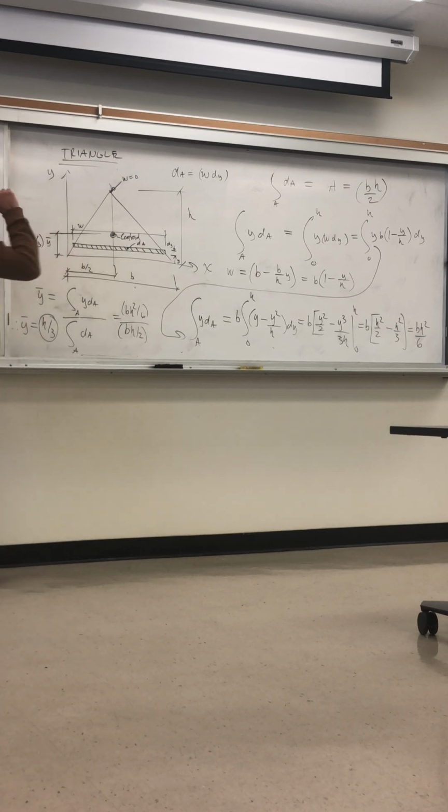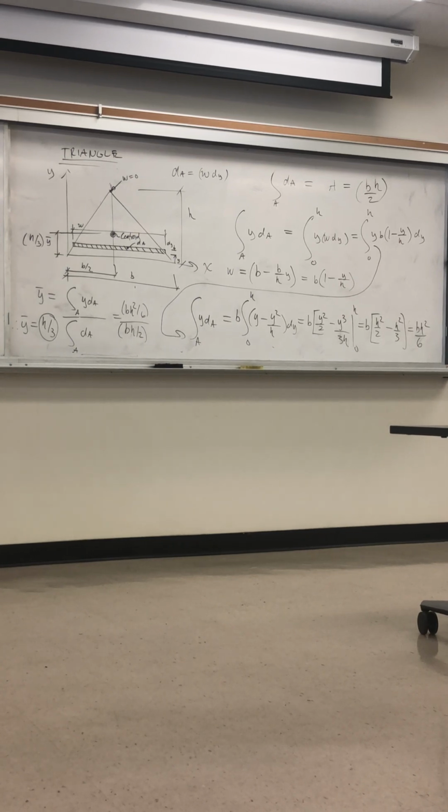That's how we know that the centroid of the triangle is at the 1/3 location. And that's true if you have a triangle like this too. This is A, this is A over 3.